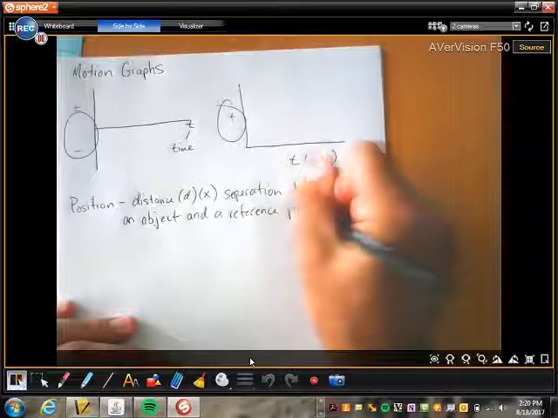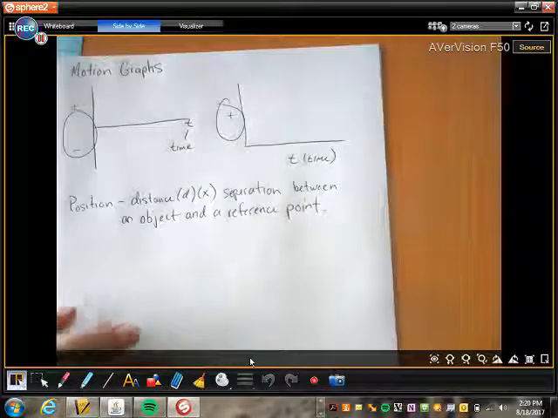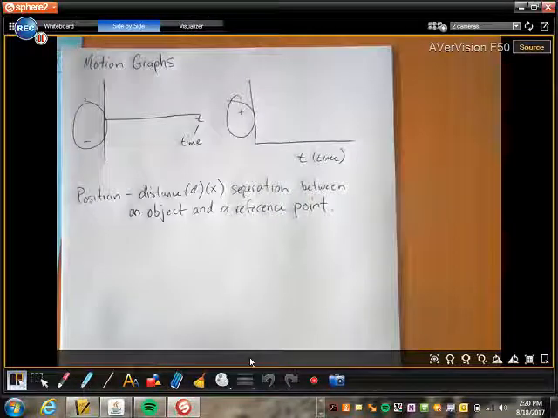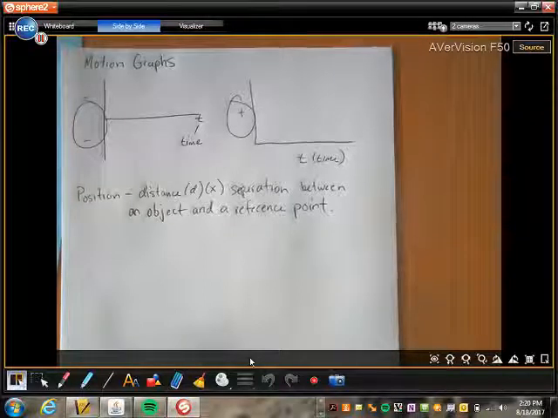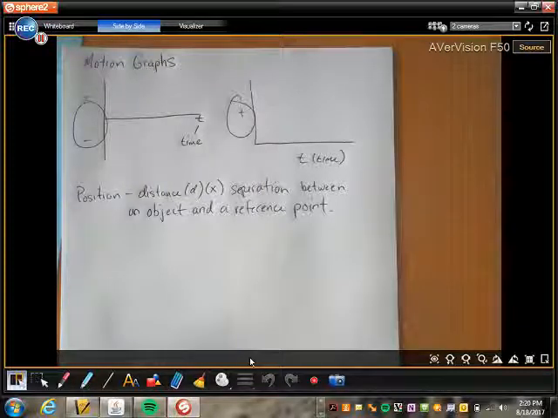Now, what does that mean? Well, if I describe my position, would it make sense to just say, I'm in the middle? No, what would be more accurate? Because I'm in the middle of this classroom. So what's the reference?